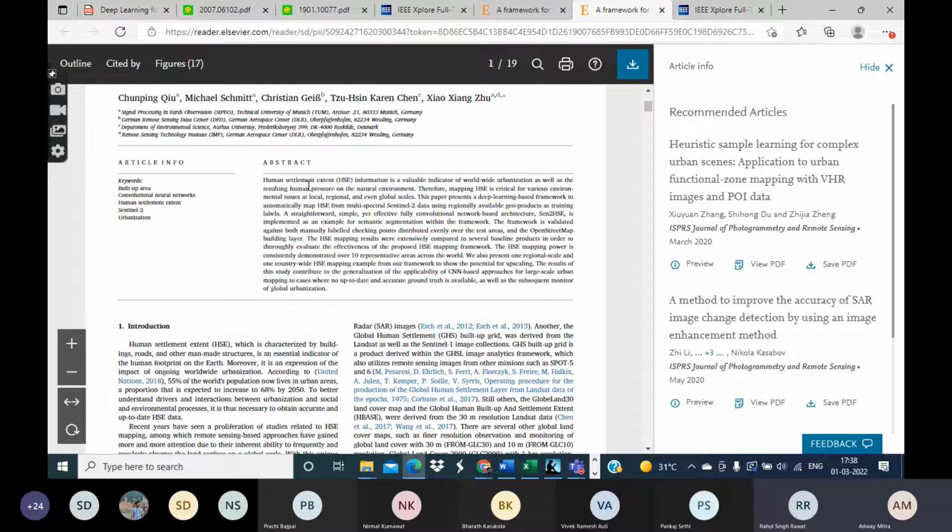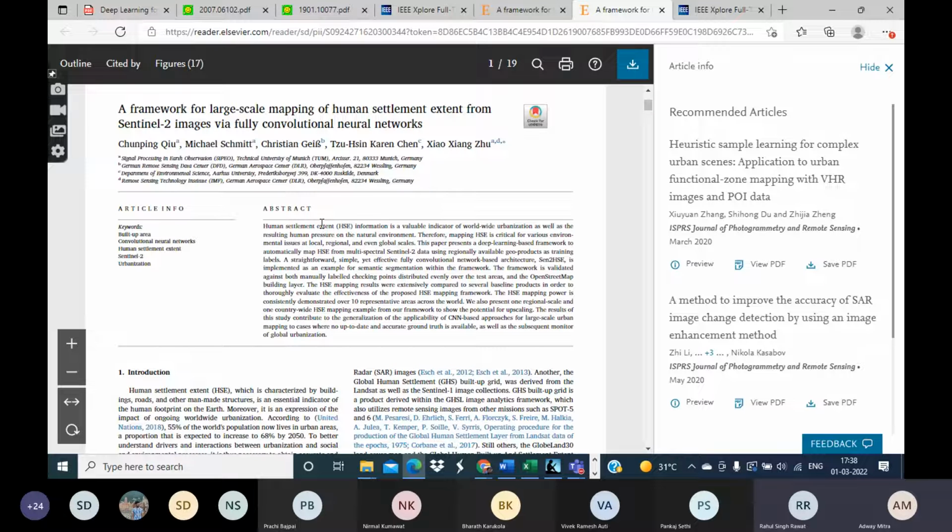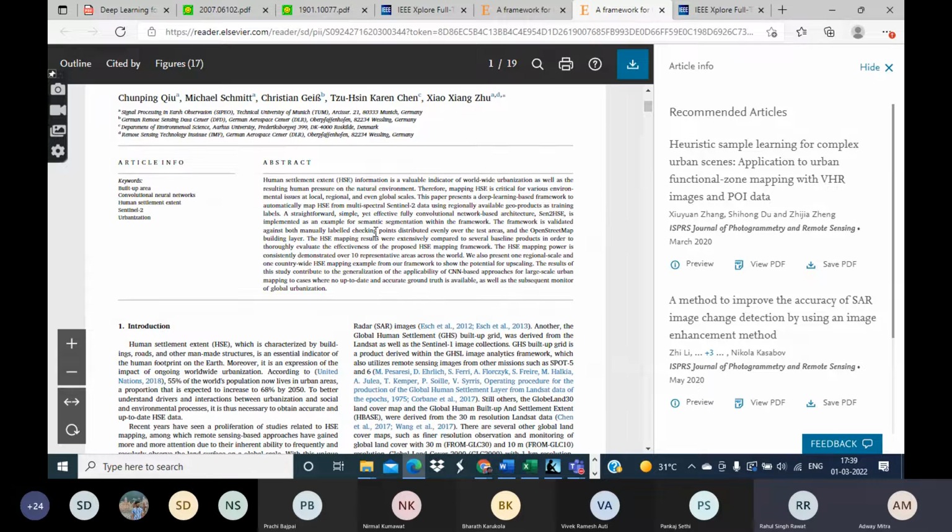So what these people are doing is that human settlement extent information is a valuable indicator of worldwide urbanization as well as the resulting human pressure on natural environment. Therefore, mapping HSE is critical for various environmental issues at local, regional, and even global scales.